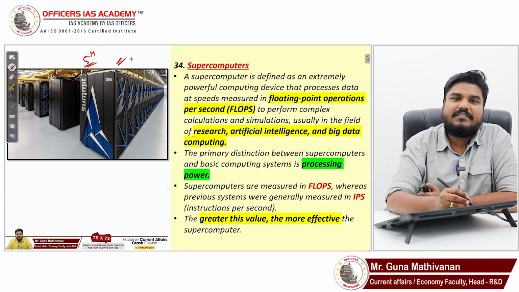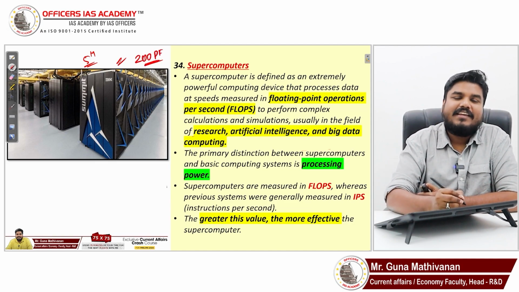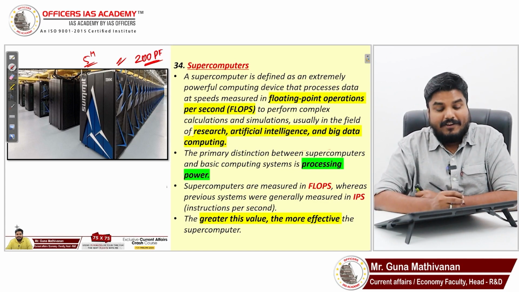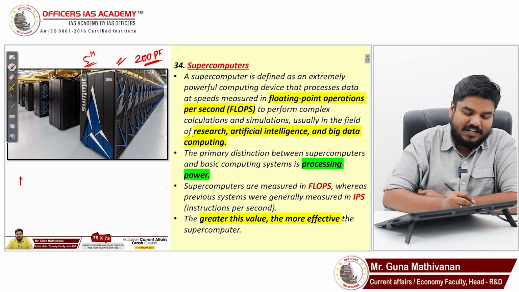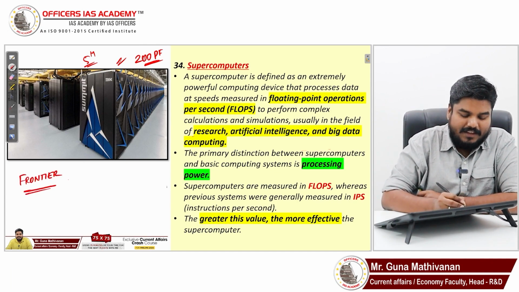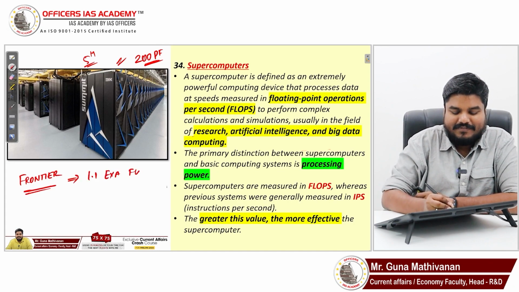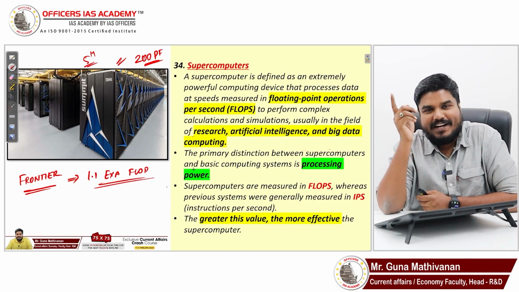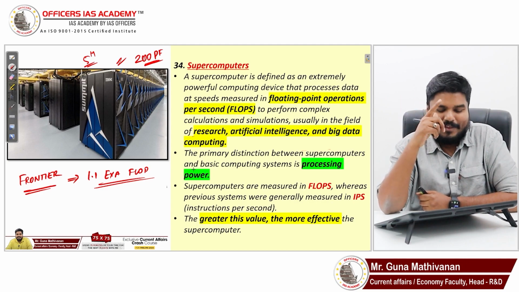What is the petaflop range, sir? It is 200 petaflop. Okay. So what about the world's most powerful supercomputer? That is called Frontier, which is 1.1 exaflop. 1 exaflop means 1000 petaflop.